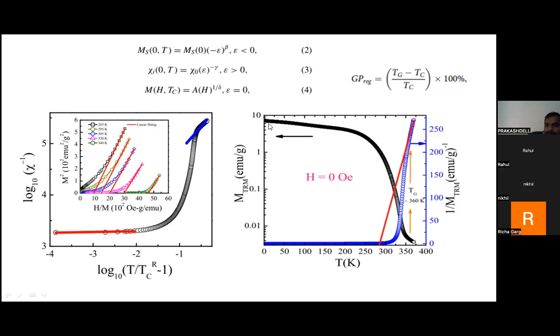While cooling, you apply a field of 100 oersted, and once you reach the desired temperature, you switch off the field and allow the magnetization to decay as a function of time, and this is how it falls.